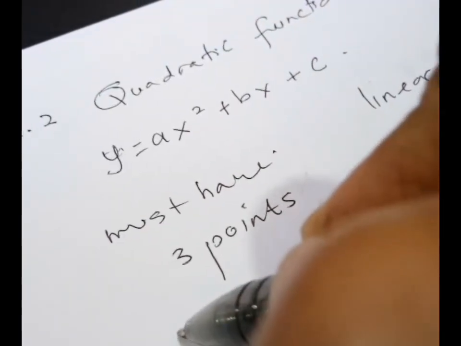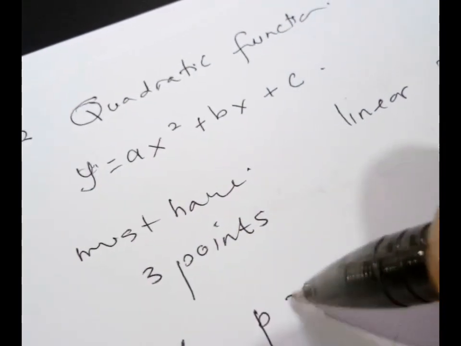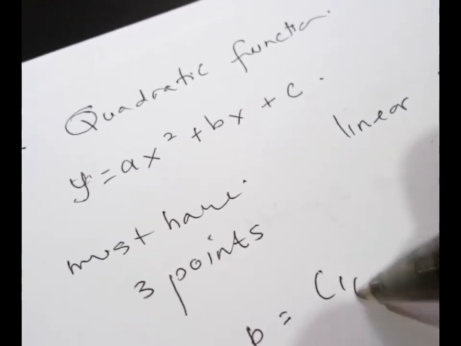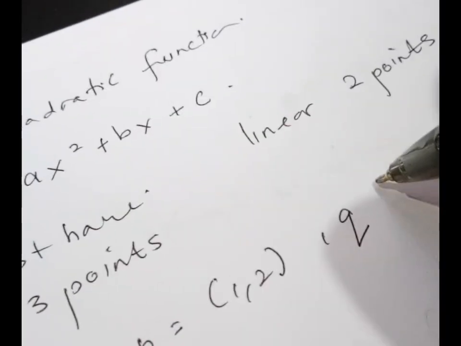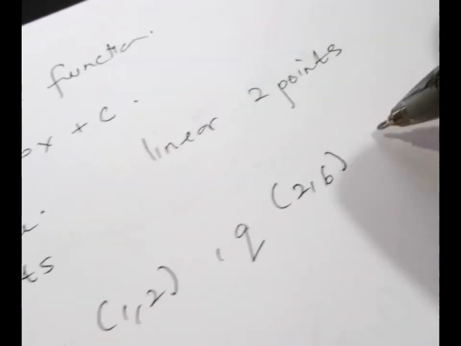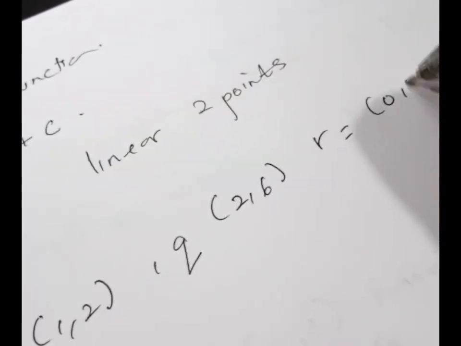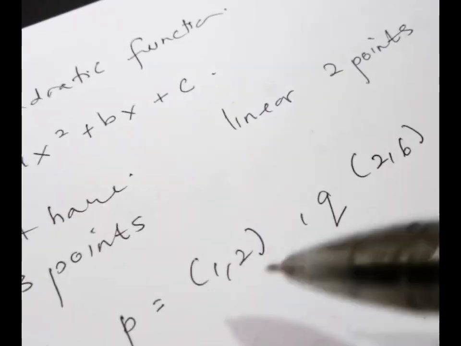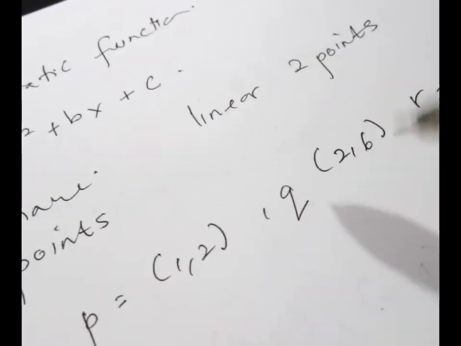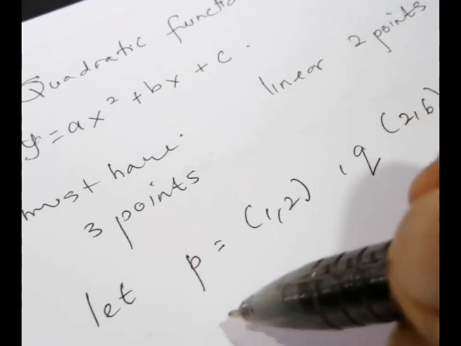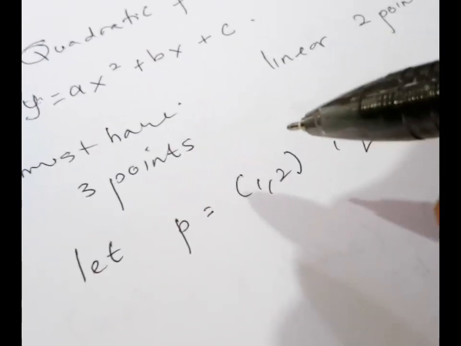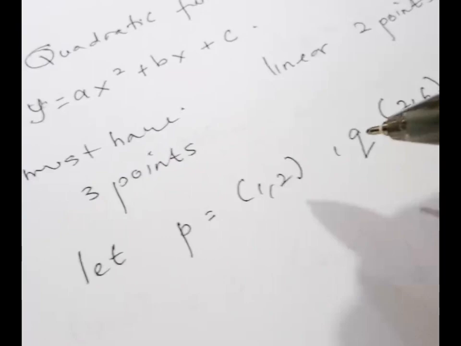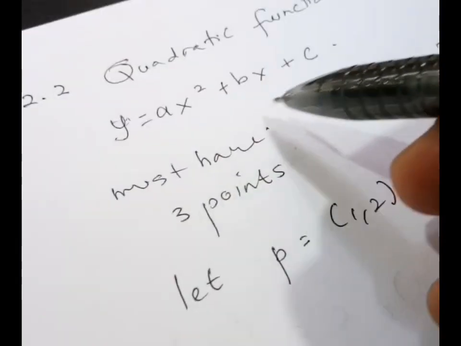Okay, let's say given P as (1, 2), Q as (2, 6), and R as (0, 4). We want to find a quadratic function that passes through these 3 points. So we must substitute points P, Q, and R one by one into the general quadratic function.